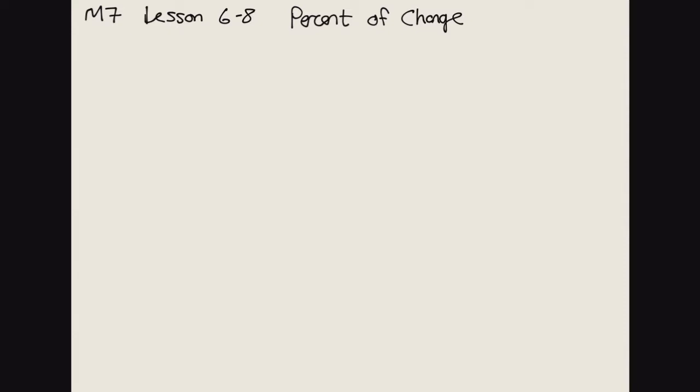So let's say that on the first couple of tests, Mackenzie's averaging about an 83%. But then let's say that now she's averaging about 97. This is what we call the original amount.